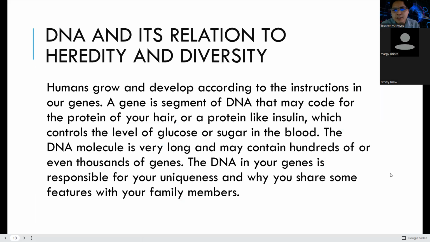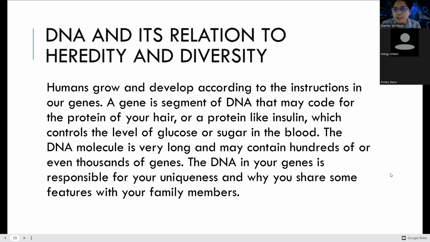A gene is a segment of DNA that may code for protein of your hair, or insulin, which controls the level of your glucose or sugar in the blood. The DNA molecule is very long and may contain hundreds or even thousands of genes in a particular organism.